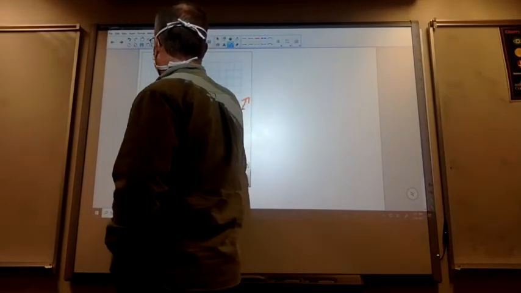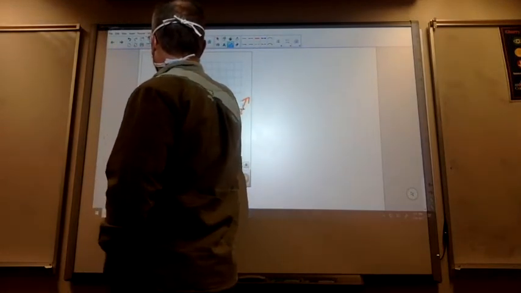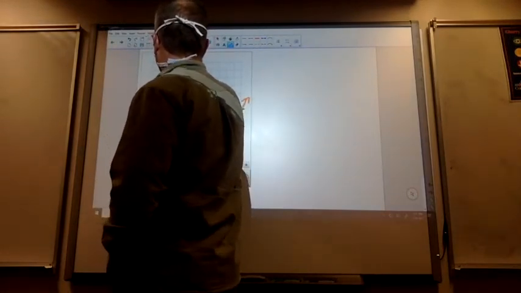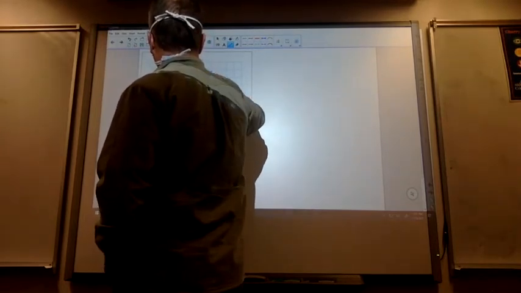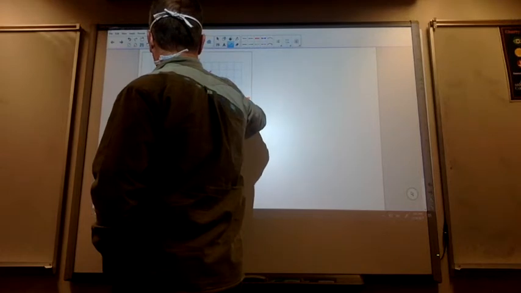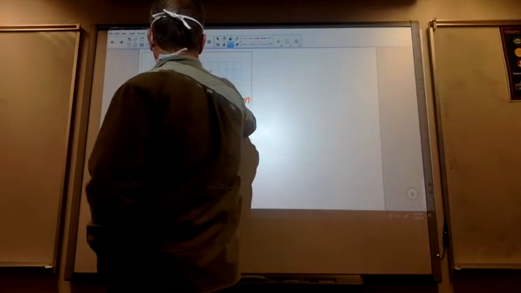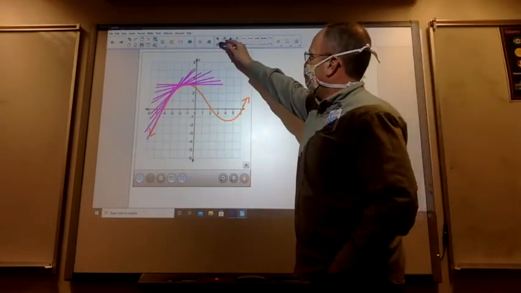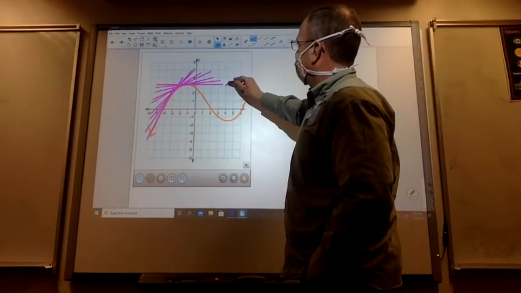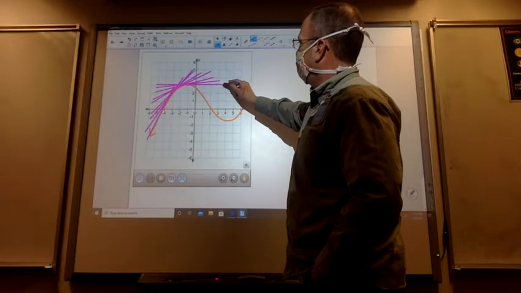So I take a whole bunch of these lines. Each of these lines has a linear equation it corresponds to. One of these lines has a slope of 0, which would be this one.